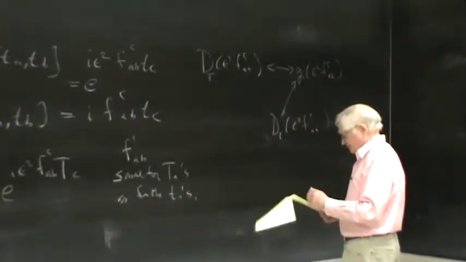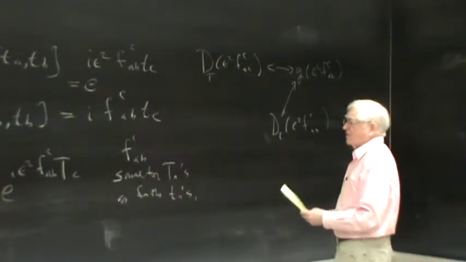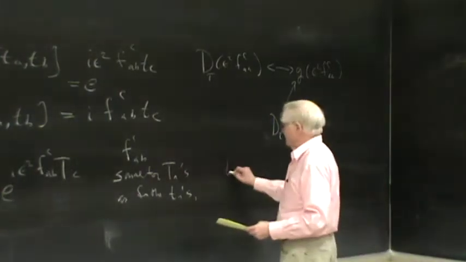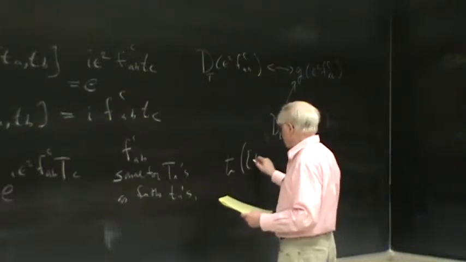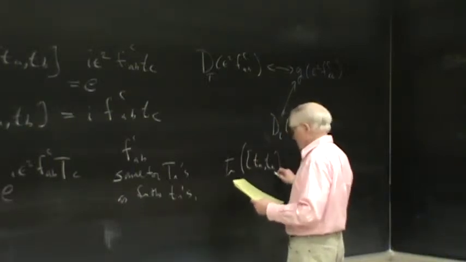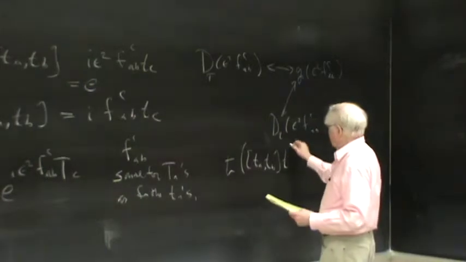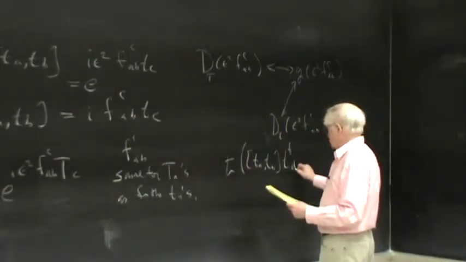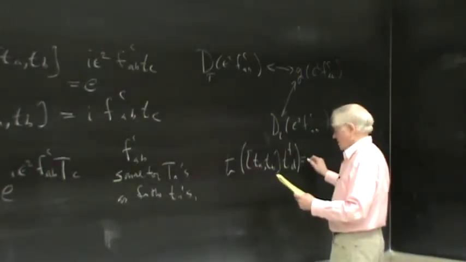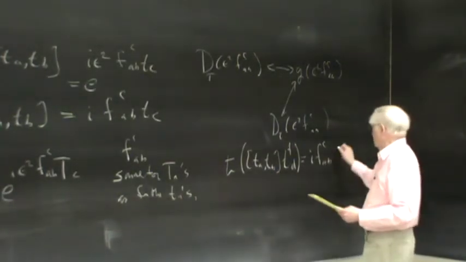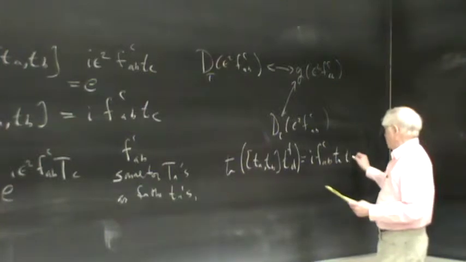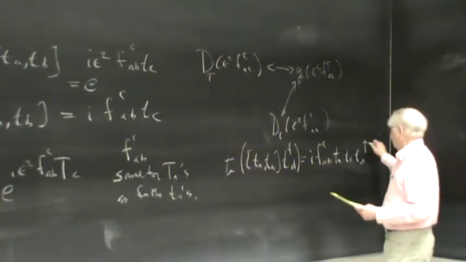And what we notice then is that we can take a trace of that expression. And if we do, we get the trace of TA with TB, T dagger, let us use D. Then that's i f^C_AB, because of this, trace TC TD dagger.